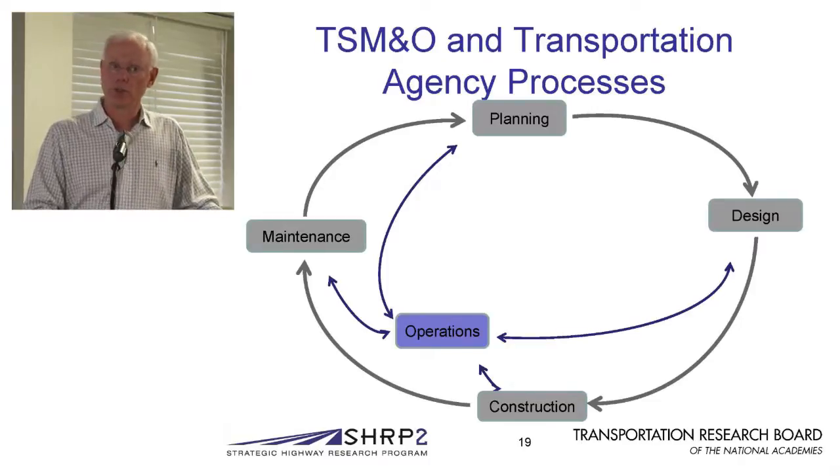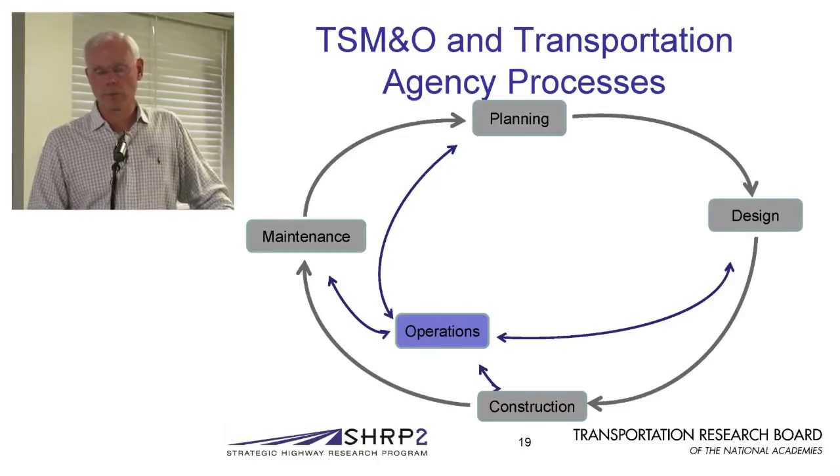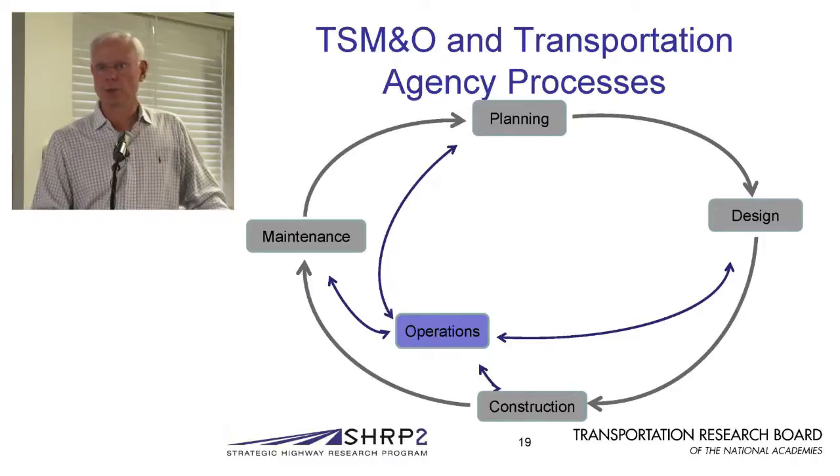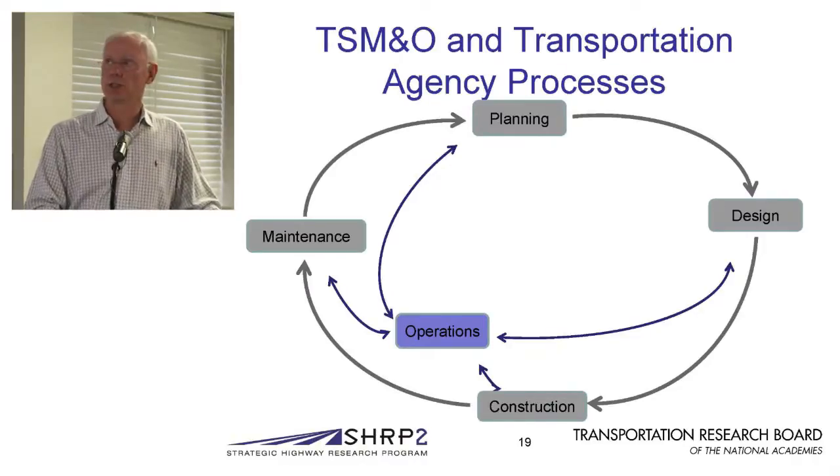I think construction is evident from the standpoint of managing traffic through work zone areas or construction areas, or even making people aware that the construction areas are out there so they can better plan their trips at time of day or to avoid those construction areas. Maintenance, I think, is also fairly evident. If you're going to put ITS assets out there to do better TSM&O, then those things have to be maintained, just like bridges and pavements and other physical assets.